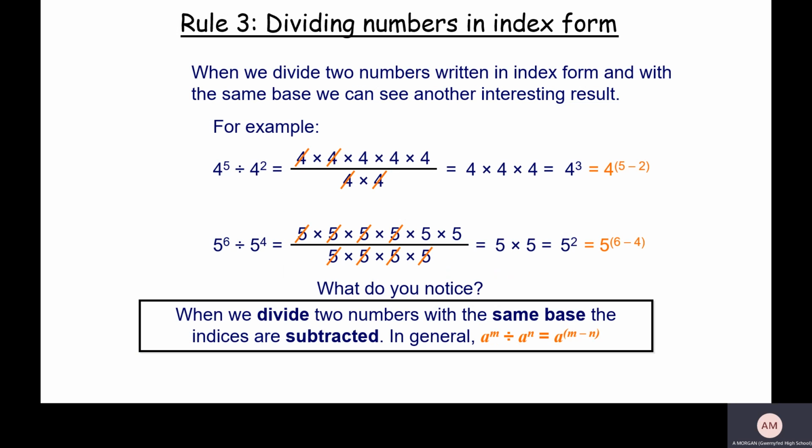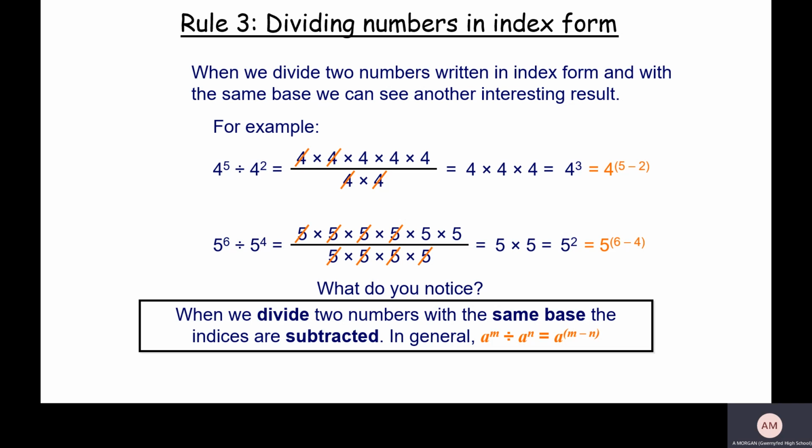So another rule is dividing numbers in index form. So let's have a look at an example. You've got 4 to the power of 5 divided by 4 squared. Now divide you could write as a fraction. You could write it as the top row of the fraction is 4 times 4 times 4 times 4 times 4, and the bottom row of the fraction is 4 times 4.